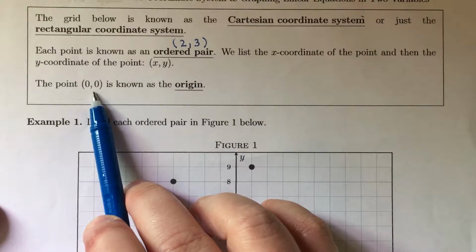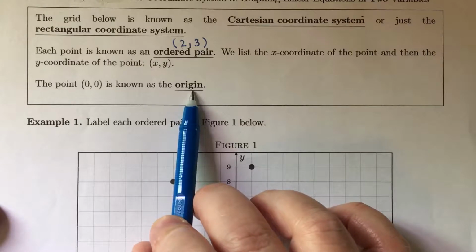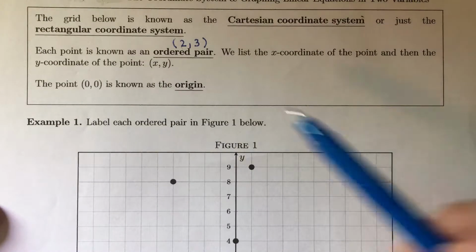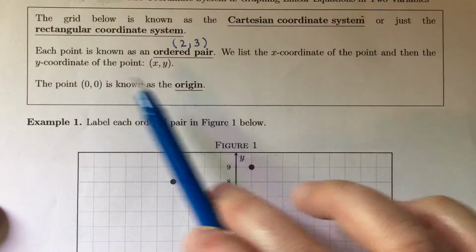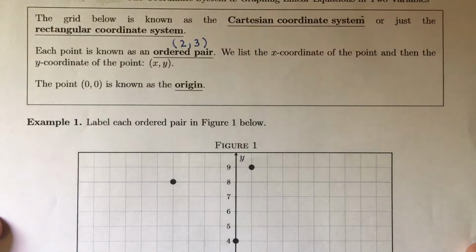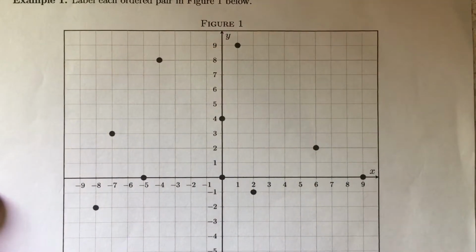The point (0, 0) is known as the origin. So it's at the center of the graph often, but it doesn't have to be. We don't have to even start at the origin, but that's that initial point on the x and y axes. So let's look at these. I just mentioned the x and y axes.